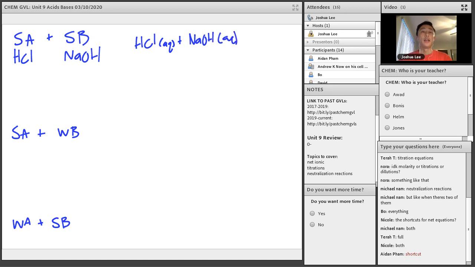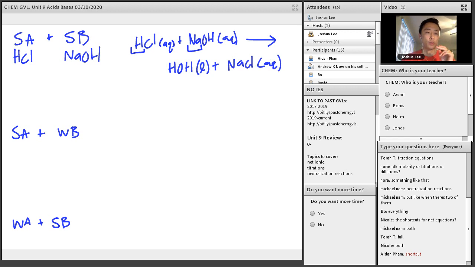All right. And then at this point, remember, you have to double displace, meaning the positive is going to switch places. So we do arrow. I just don't have room, so I'm going to write it underneath. We're going to have HOH liquid plus NaCl. So that's step one, remember. Step one is to double displace when you can.